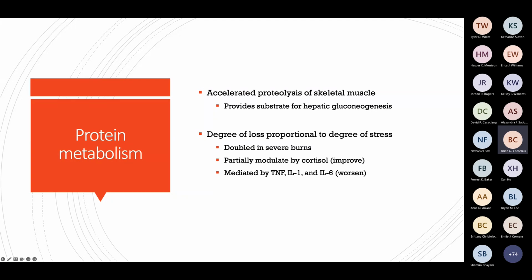Other things that come into play, you'll see that the degree of stress tends to affect the degree of loss. So higher stress tends to result in higher areas of loss. If you've got somebody with severe burns, it's generally doubled. If you've got somebody with high cortisol levels, you may have issues there. And you may see that the interleukins are able to mediate some of that, but that can actually worsen things for a lot of these patients.